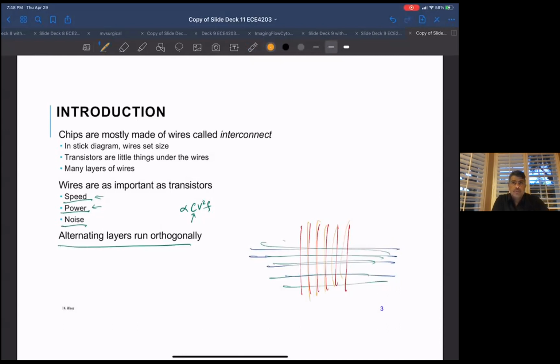Otherwise, they'll find they need to get some signal through your block to get to their block, and because you put a certain metal layer horizontally instead of vertically, you'll basically be completely blocking their path to get across. So anyway, alternating layers run orthogonally. That's not part of the design rules, but it's extremely, extremely highly recommended.